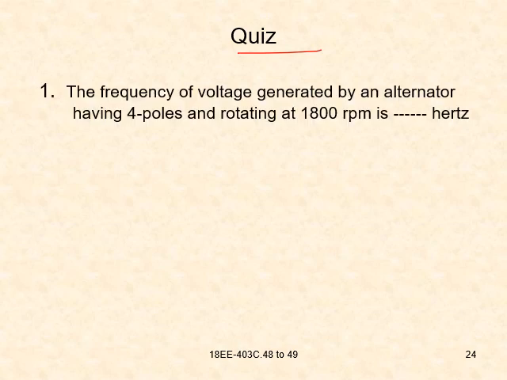Let us see a small quiz. The frequency of voltage generated by an alternator having 4 poles and rotating at 1800 rpm is dash hertz.